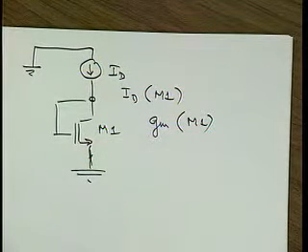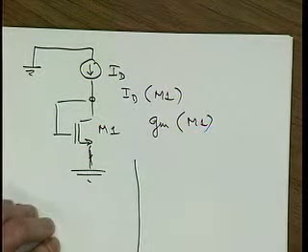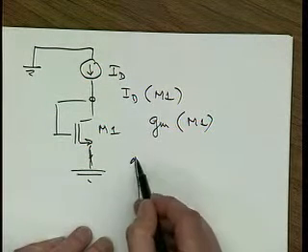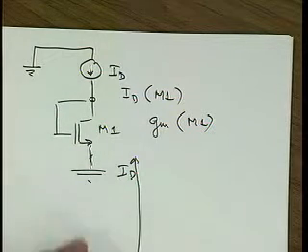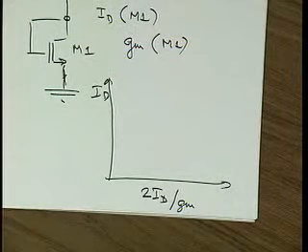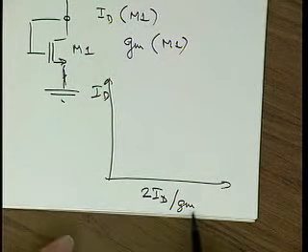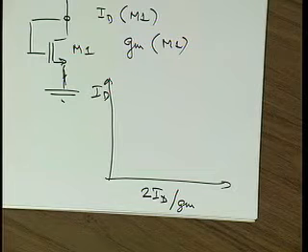And then I just plot, using an expression plot, ID versus the expression 2ID over gm. I use the calculator in the post-processor to make this the expression used for my x-axis.